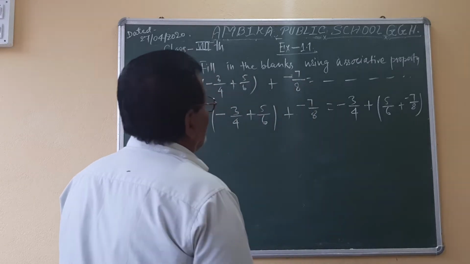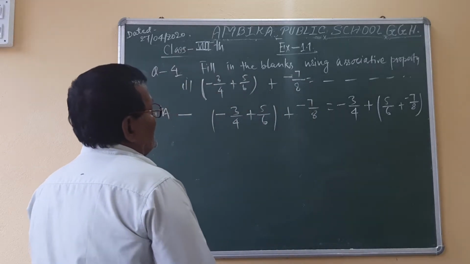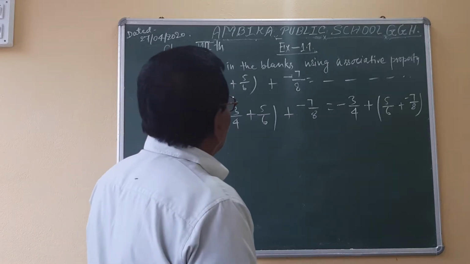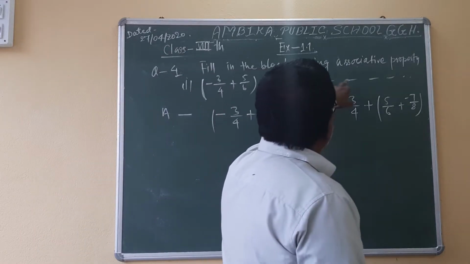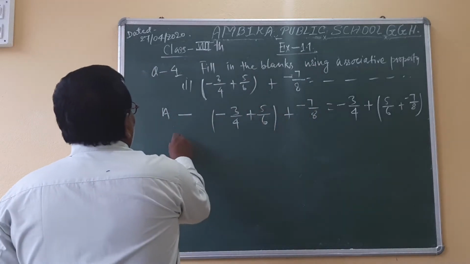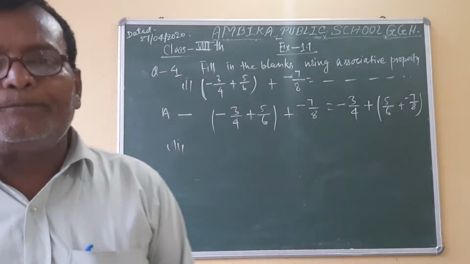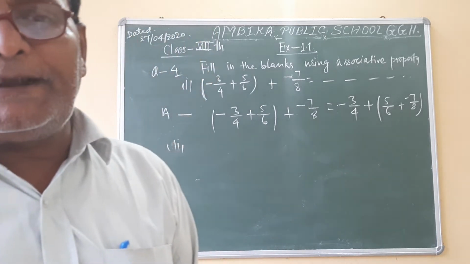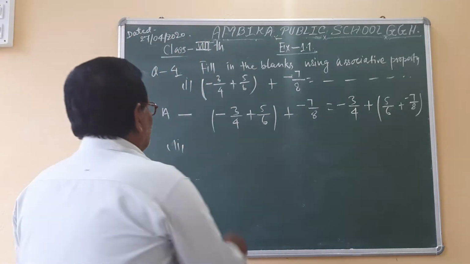Using associative property, we can fill in the blanks: -3/4 + (5/6 + (-7/8)).